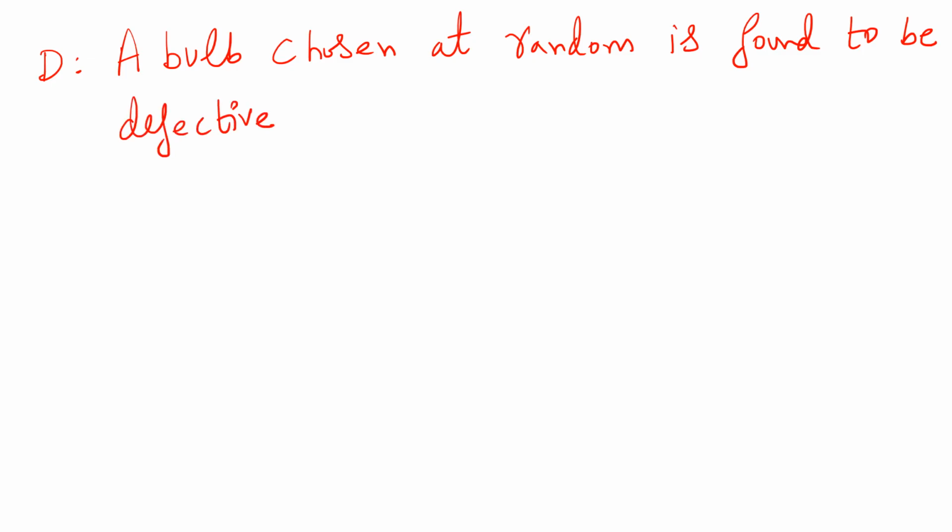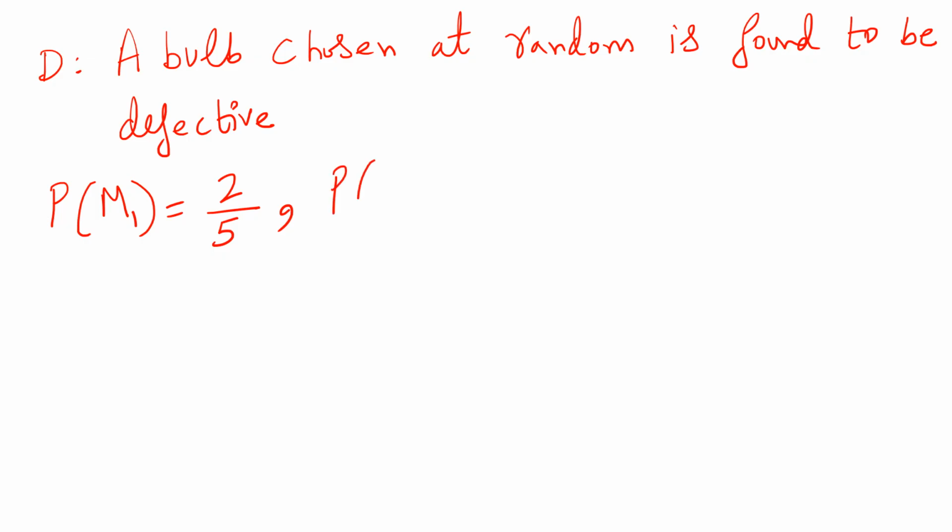Now in the question, it is given that bulbs produced by manufacturing units M1, M2 and M3 are in the ratio 2:2:1. So this clearly means probability of M1 is equal to 2 upon 2 plus 2 plus 1, which is 2/5.